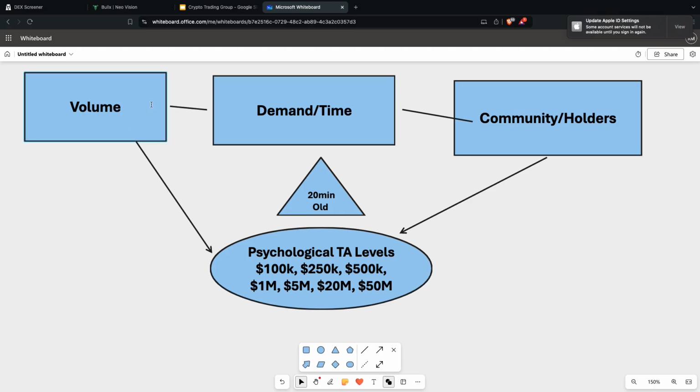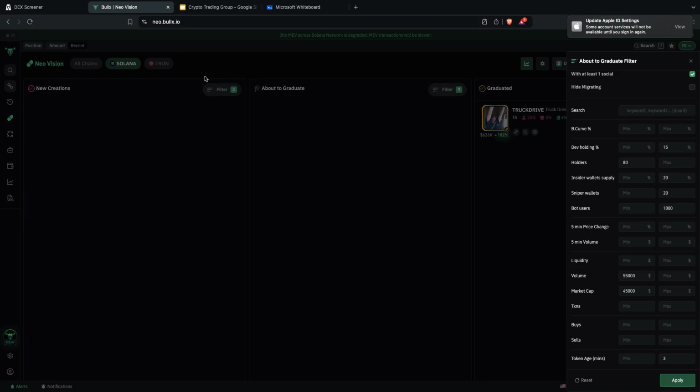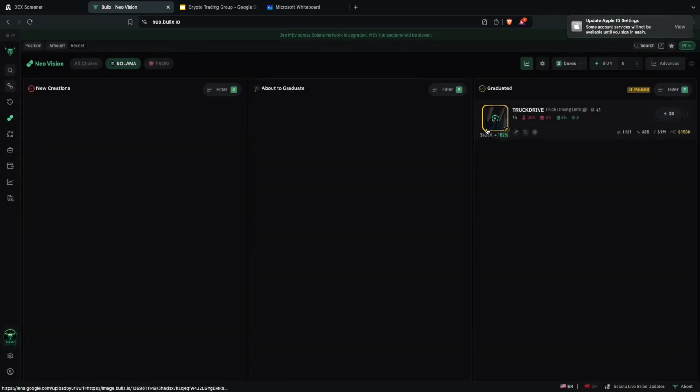So the secret to making money when it comes to a lot of these fresh coins, and by the way, I hope you guys really understand the emphasis here, I am emphasizing recently created coins. Obviously you guys understand that the freshest coins come with a lot of opportunities.